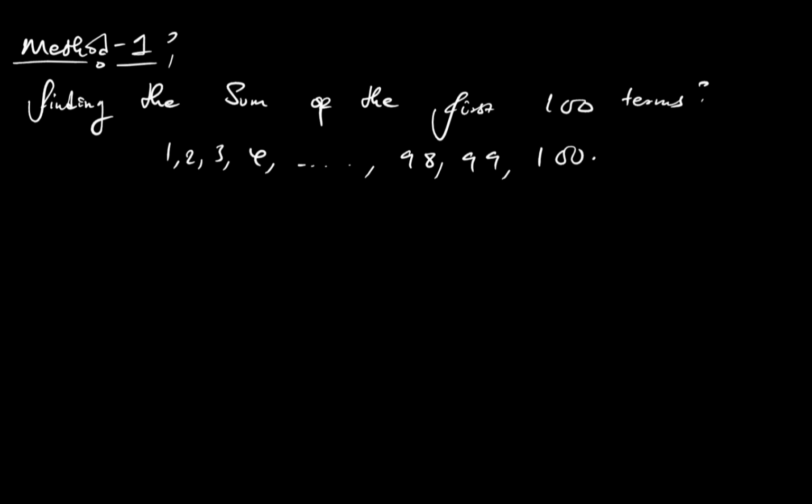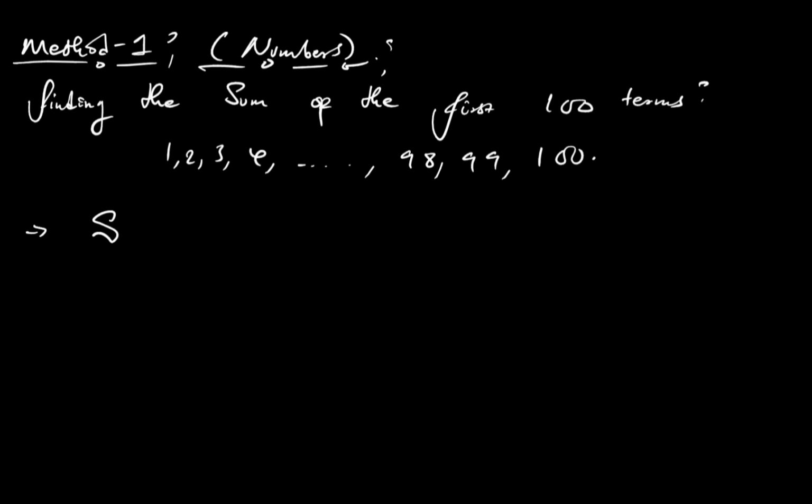So if I was to find the sum, what are we going to do? We need to understand that whenever we're using the first method, which is the numerical method, let's say numbers, what we'll be doing is summing them up. So the first thing we're supposed to do is just write them in sum format.